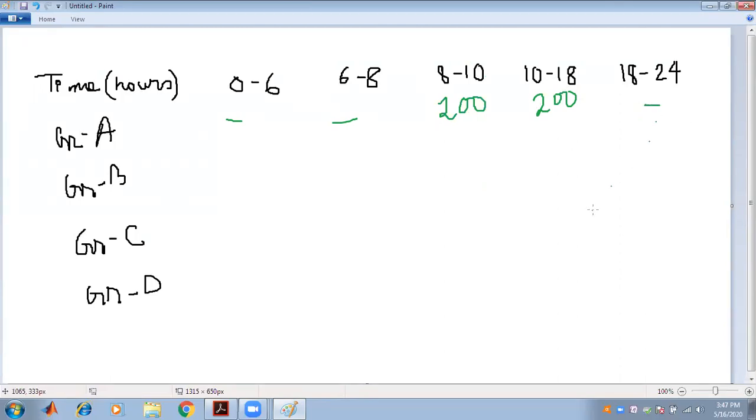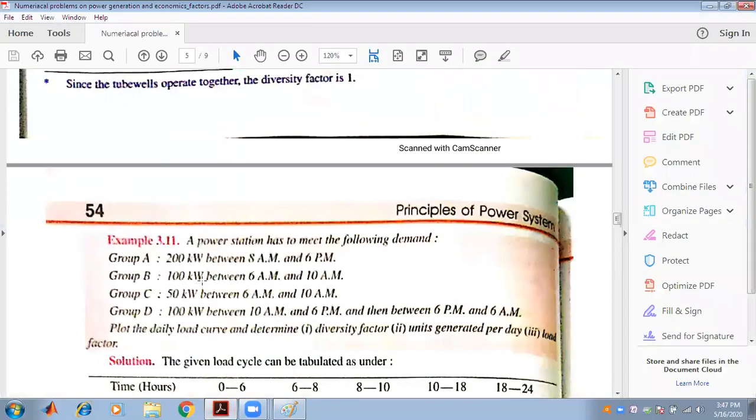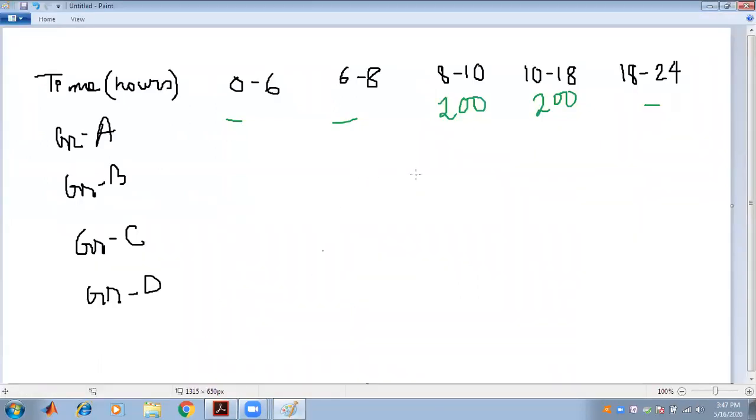Let us take group B. Group B is given 100 kilowatt between 6 a.m. and 10 a.m. So from 6 to 8 it will operate at 100 kilowatt, and from 8 to 10 it will also operate at 100 kilowatt.